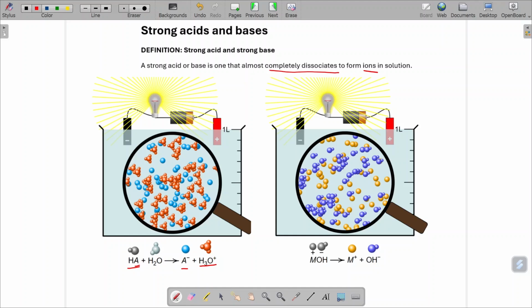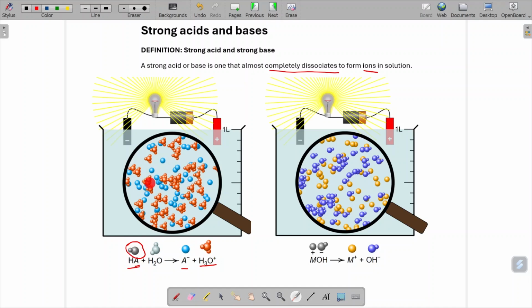And if you look in here, you can see that this is what the molecule looks like. And in here, you can see that none of these molecules are left. All of the molecules have split up or ionized to form the negative ion and the hydronium ion.